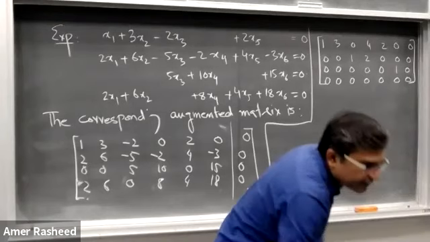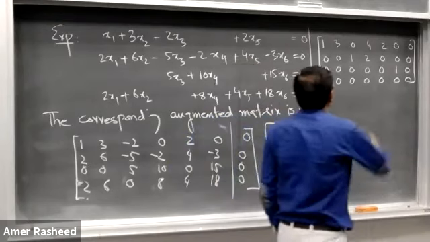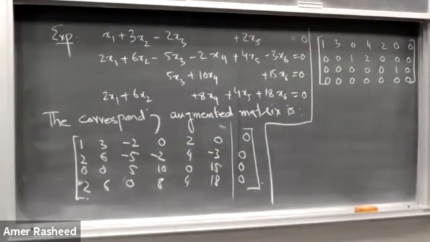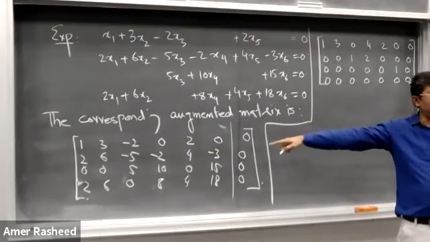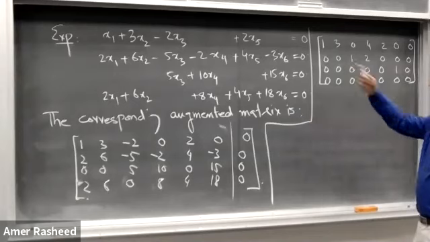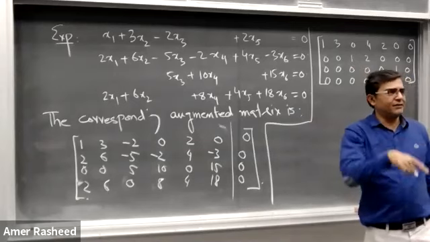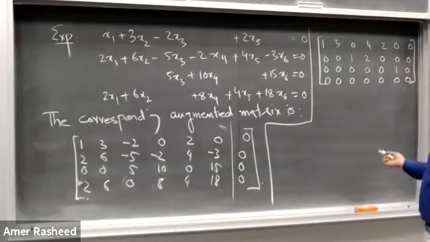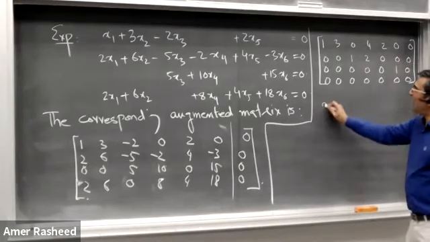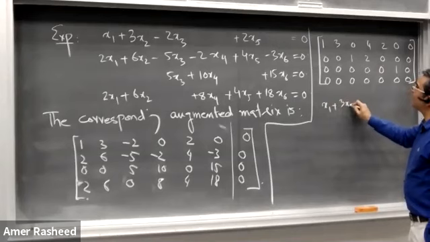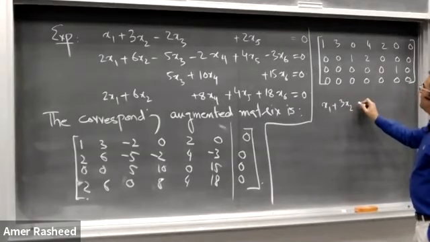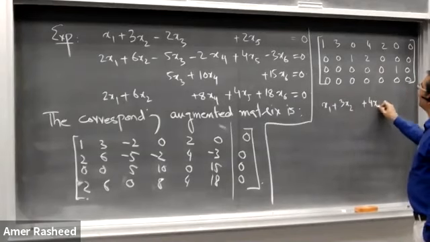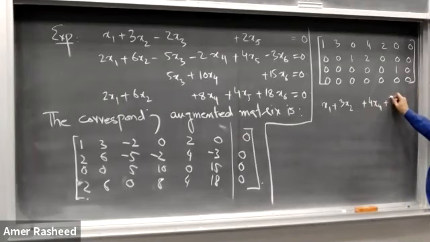Okay, that's great. Now, we get the reduced echelon form of the given augmented matrix. Now we write back the linear system. We write back the homogeneous linear system. In fact, we will get x1 plus 3x2 plus 4x4 plus 2x5 equal to 0.